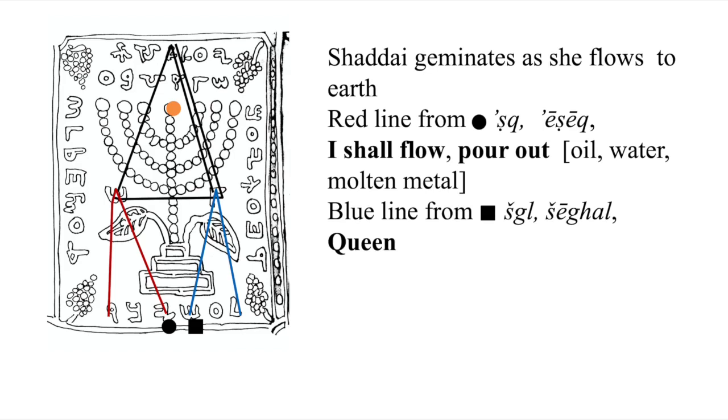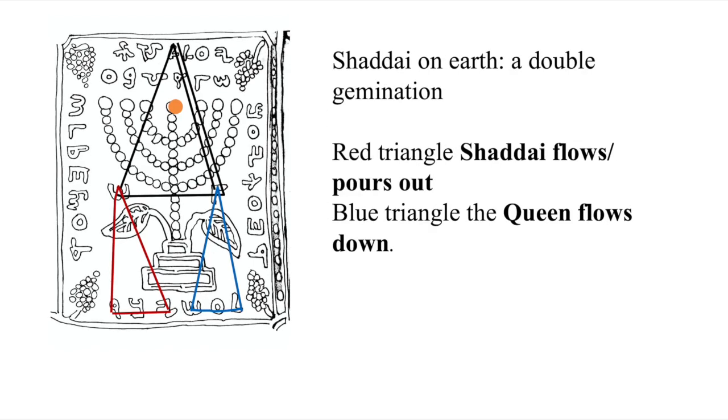So you have, if you like, a double gemination, all about Shaddai flowing, or the queen flowing from heaven into the Holy of Holies and then out again onto the earth. And so she's a double gemination. The red triangle, if you read round both the meanings, Shaddai flows or pours out, and the blue triangle, the queen, flows down. So the message there is fairly clear. Something is coming from heaven through the Holy of Holies and out into the earth.